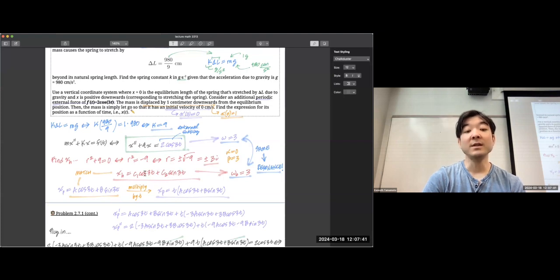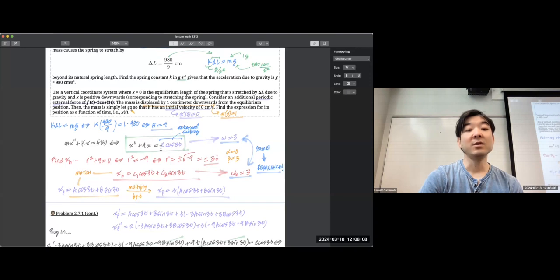And the frequency of this simple harmonic oscillation is going to be 3. And I'm going to make a point here and say this is my omega naught, and there's a different omega up here. So omega naught, I'm going to reserve to be the natural frequency of the spring mass system when there's no external force. So that's your homogeneous solution.